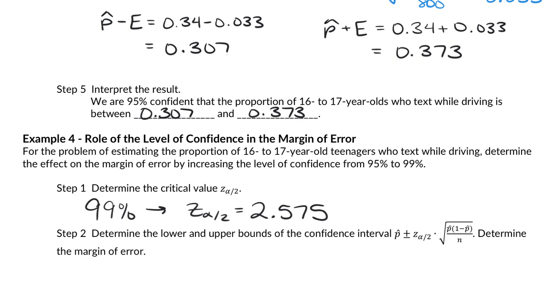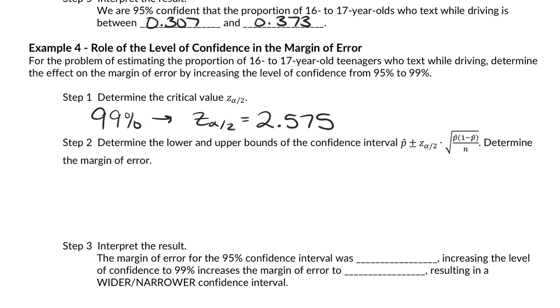Step 2, determine the lower and upper bounds of the confidence interval, which means we're going to start with the margin of error. Margin of error is that z sub alpha value multiplied by the square root of p hat, 0.34, times 1 minus 0.34, all divided by 800.